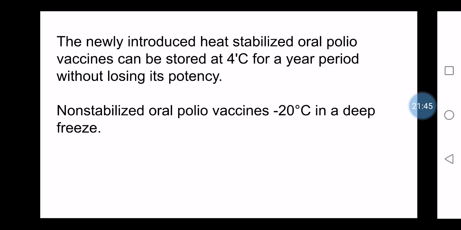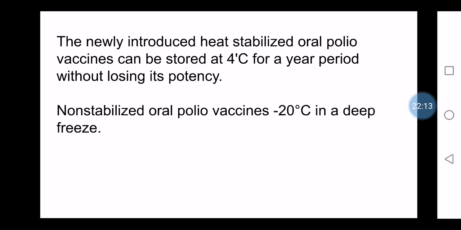Then we have a newly introduced heat stabilized oral polio vaccine which can be stored at 4 degrees Celsius for a year without losing its potency. The potency will not be lost even if we store it at 4 degrees Celsius for at least one year.